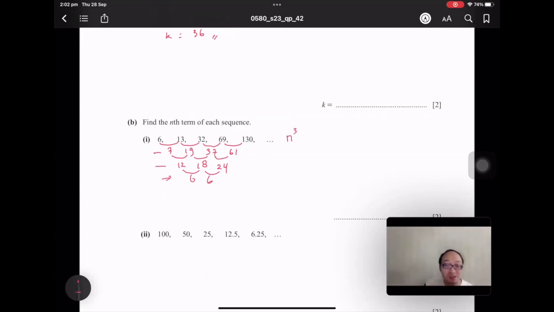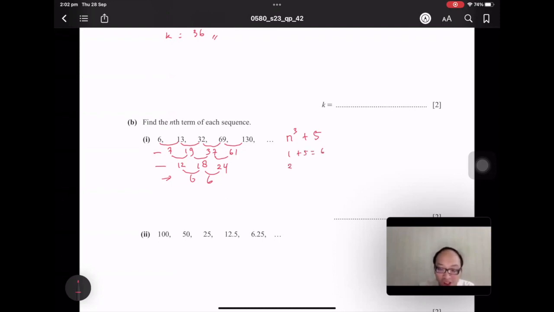So how do we find this? The first one is 6. If we put n as 1, it should be 6. If we put n is 2, it will be 13. So to form the 6, we can try plus 5. For n equals 1, 1 plus 5 is 6.